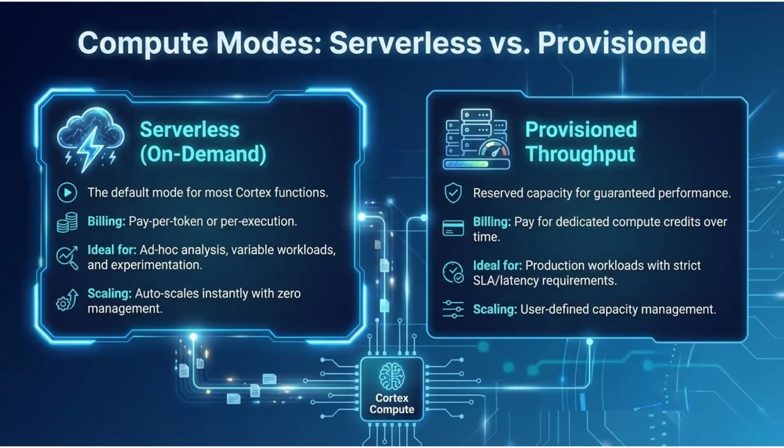They provide on-demand serverless compute, which is the default for every Cortex function you are going to use. Any function you use in Cortex, the default compute will be serverless, and billing will be pay per token or pay per execution.